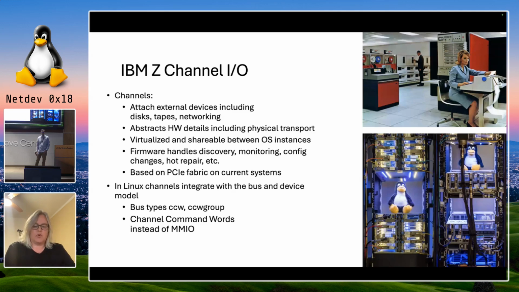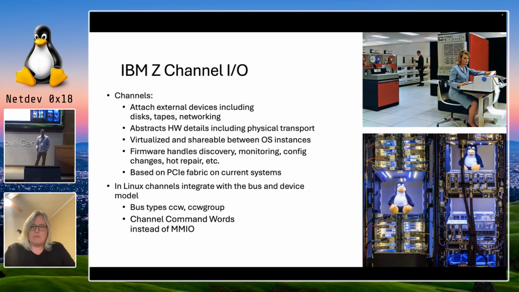So the program would always deal with channels and use channel command words to access the I/O devices. And the channels were quite intelligent firmware. They would handle a lot of the specialities of the hardware. And that provides compatibility over time. So you can add a new hardware model below and the channel will handle it and software doesn't have to change.